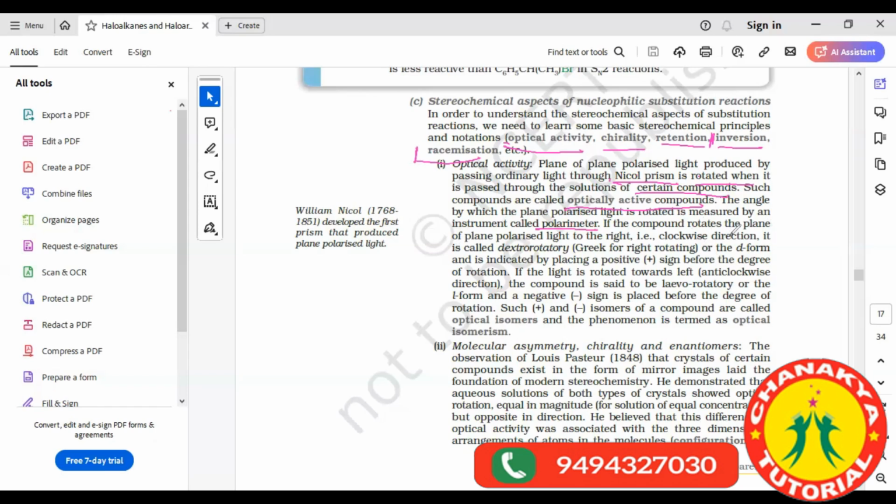If the compound rotates the plane of polarized light to the right, in a clockwise direction, it is called dextrorotatory. In Greek, what does right rotating mean? Dextrorotatory. It is denoted by d and indicated by placing a positive sign before the degree of rotation.